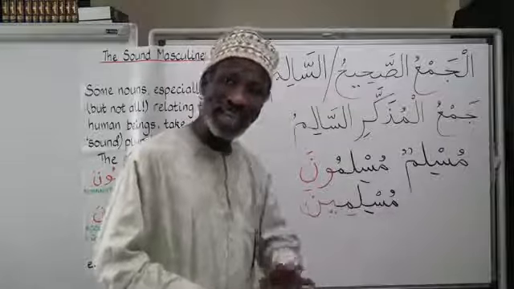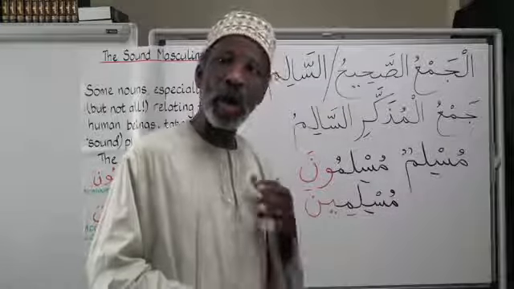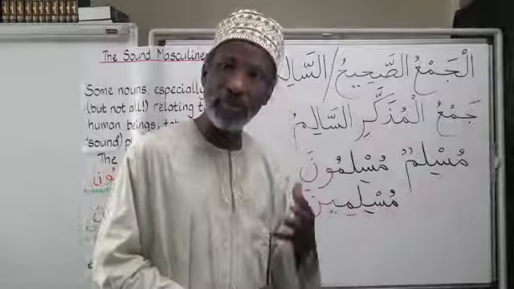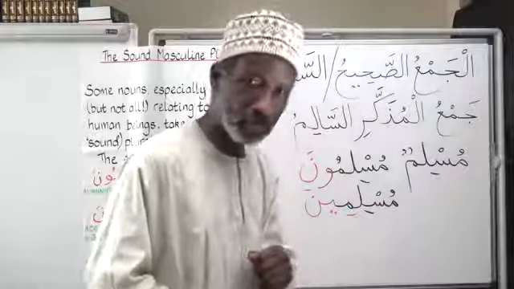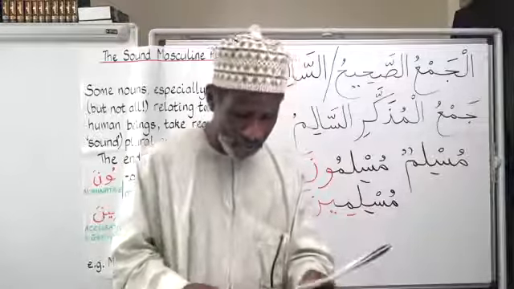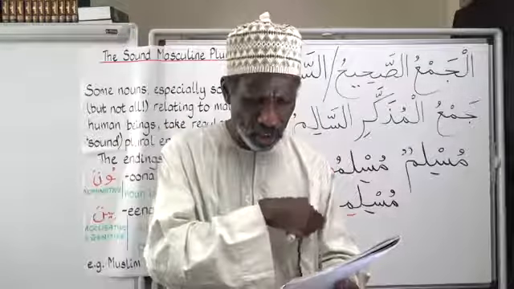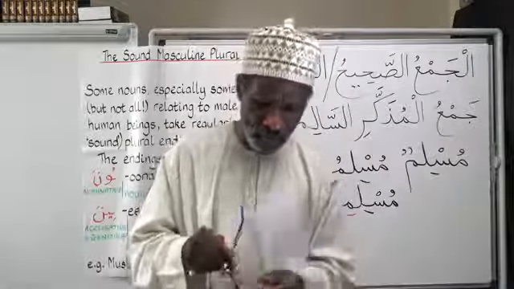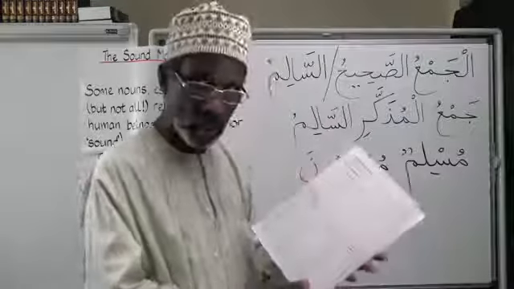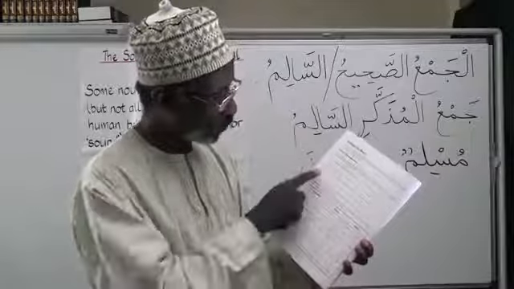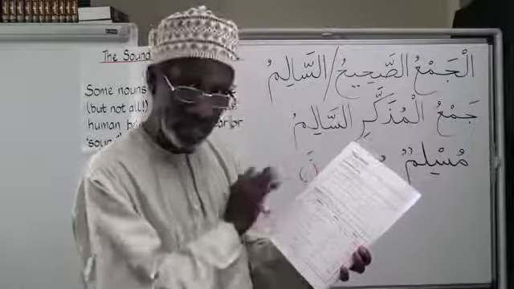So that's the case ending for the sound masculine plural or jama' al-mudhakkar salim. Now have a look at page 39 of our book, Gateway to Arabic number 2. So you will see what I have just explained.